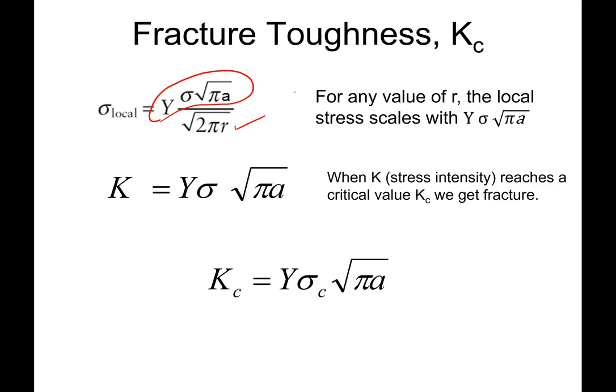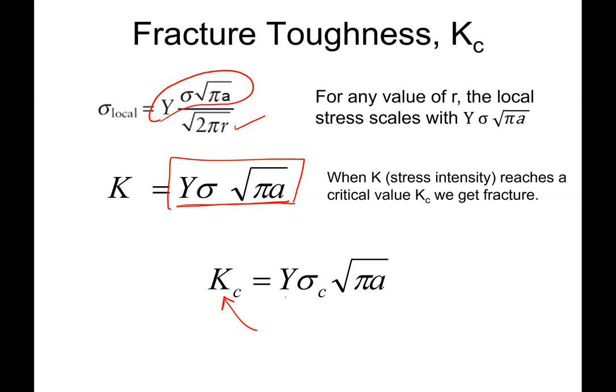And so if we just take a look at this top piece, we could define that as the stress intensity. This is the multiplicative factor that's raising the stress. It represents how bad this crack situation is, how high this crack intensity is. And so when this reaches a critical value, we get fracture. And this critical value we can define here as a fracture toughness. So this would be the material property, fracture toughness.